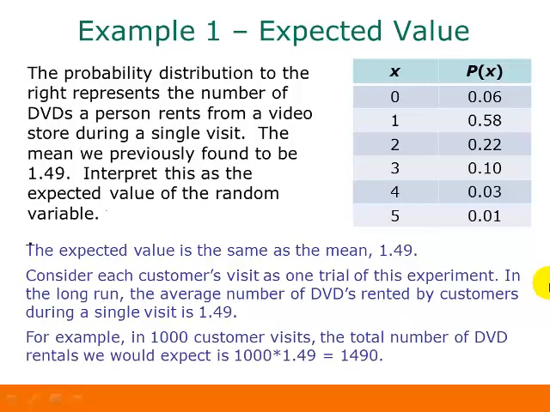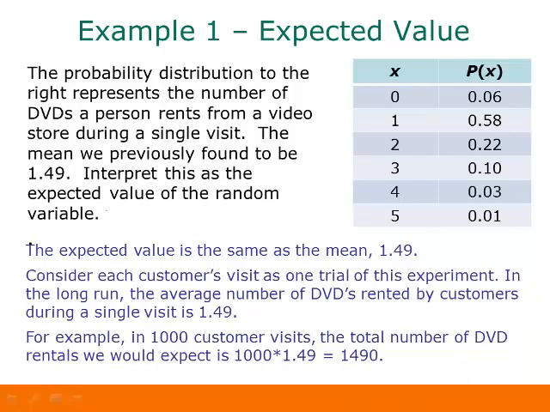Now, if you're the store owner and you're wondering how many videos you're going to be renting out during a certain number of customer visits, you can use this expected value to help you with that. For example, in 1,000 customer visits, the total number of DVD rentals we would expect is 1,000 times 1.49, or 1,490.